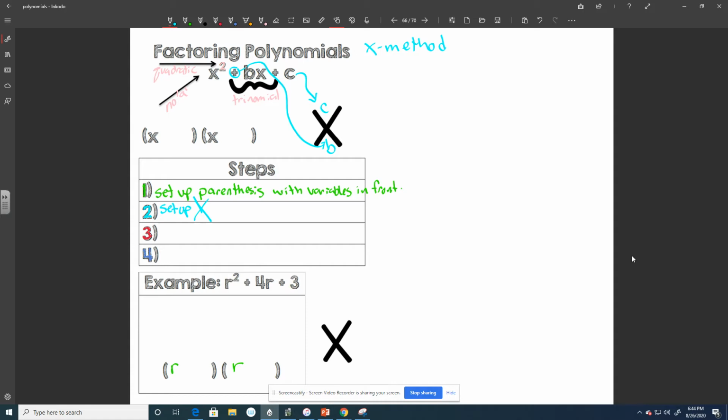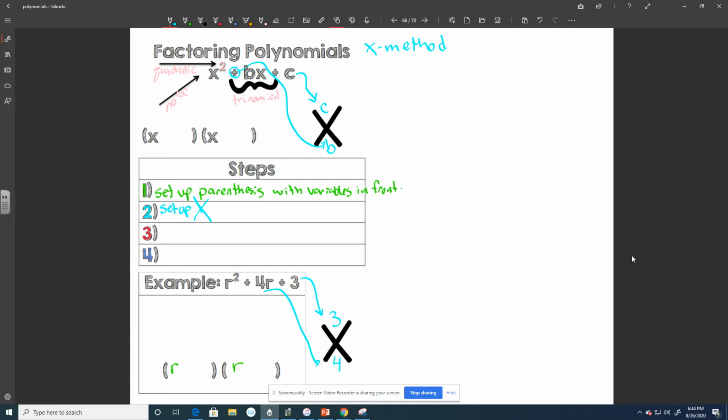So you're going to set up your x, and you're going to ask yourself a question. So this 3 is going to go on top, and this 4 is going to go here on the bottom. Okay, and you're going to ask yourself a question.